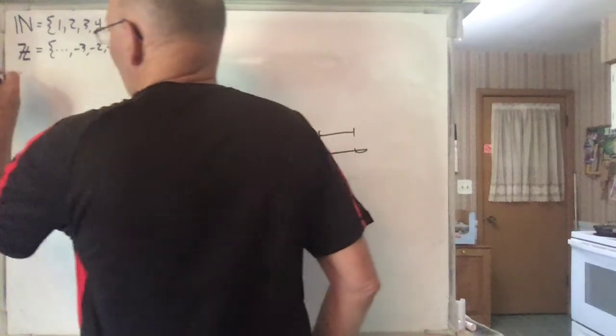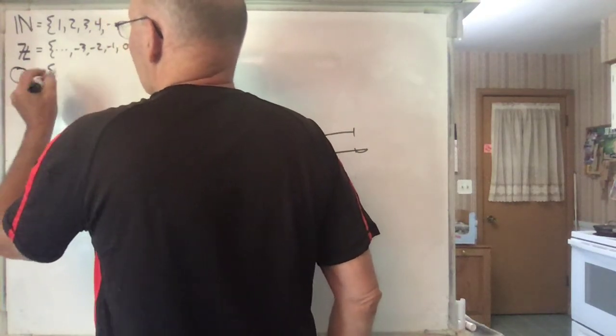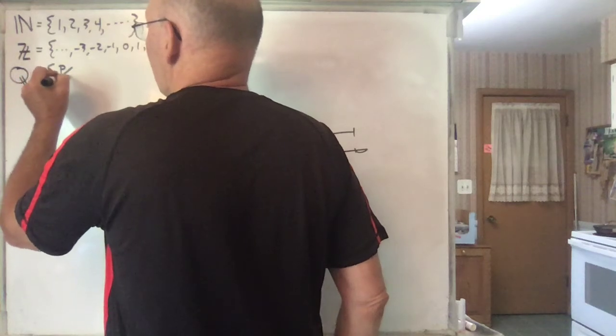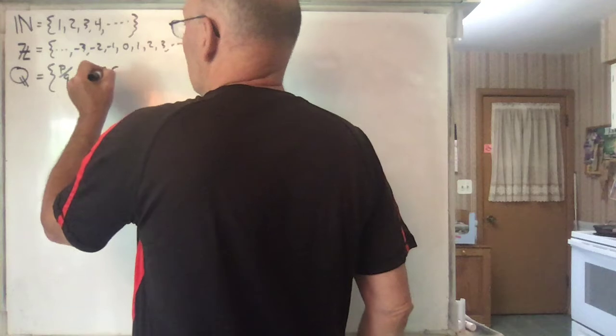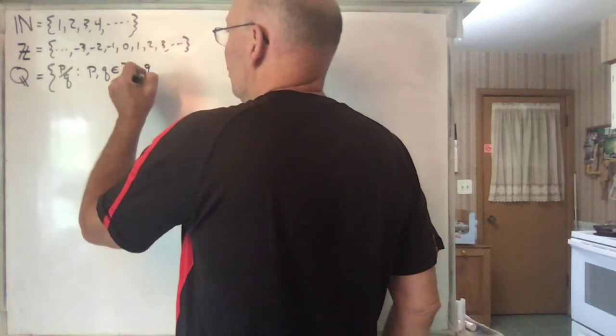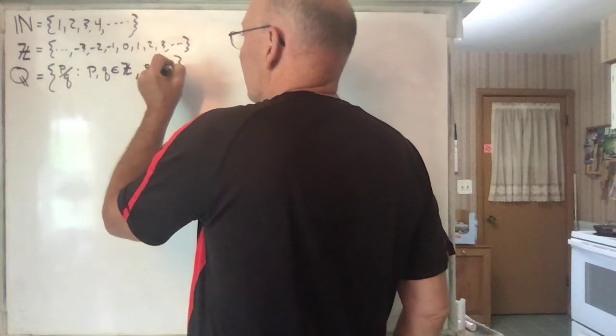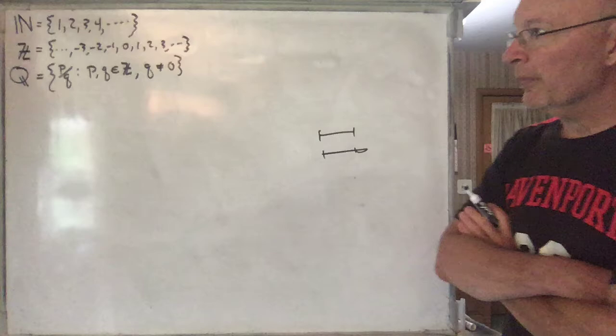And so those are the rational numbers. Rational stands for ratios, and so the way you write them is anything of the form P over Q, where P and Q are integers, and recall that Q can't be equal to 0. It doesn't make any sense to divide by 0. We'll talk about that a little bit later.